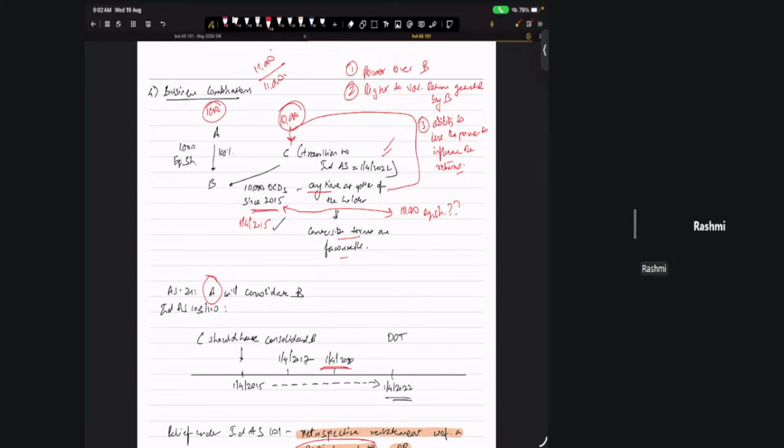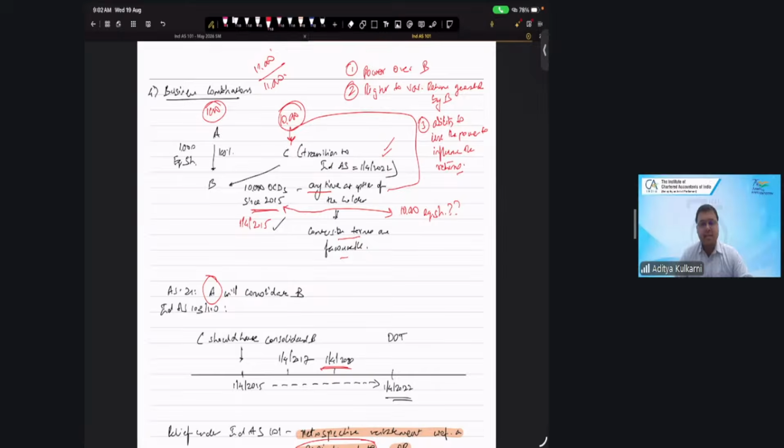So what you have to look at in Ind AS 103 or Ind AS 110 is not the actual shareholding, but even convertible instruments, potential shares, which have the ability to determine who the controlling shareholder really is. Did you understand? Yes, sir.